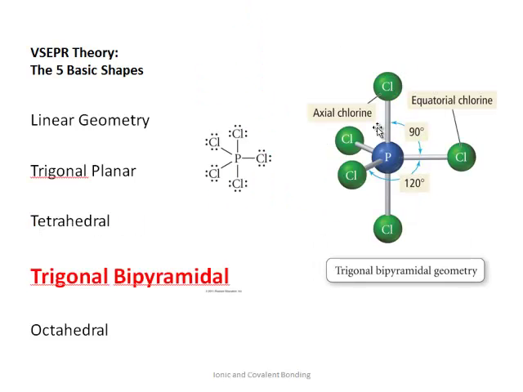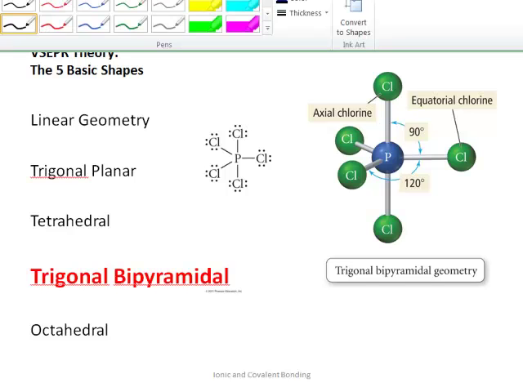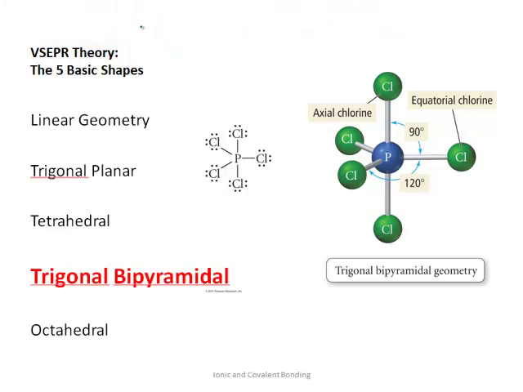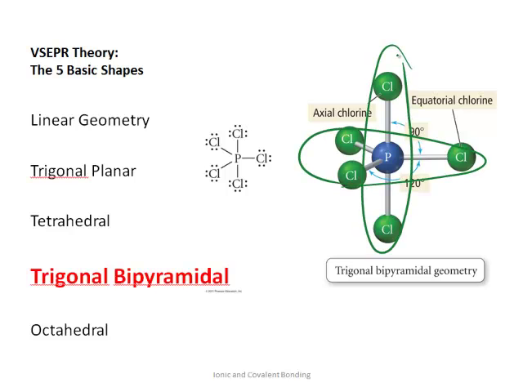If we go to 5 electron groups for an expanded octet, such as PCl5, we can see that there are 2 regions where the chlorine atoms will take either equatorial positions, sort of in the center on the equator, and then of course axial positions. Now depending on where the atoms are, they can either be 120 degrees away from each other or 90 degrees away from each other.